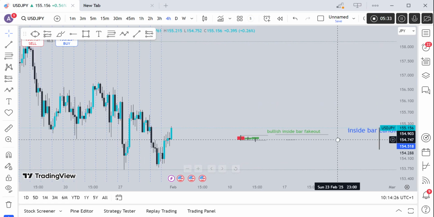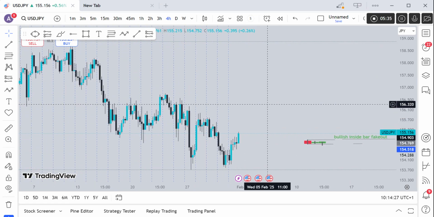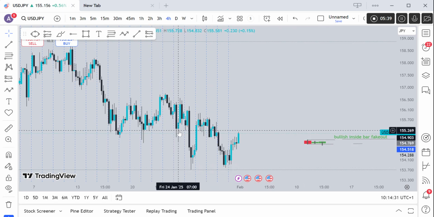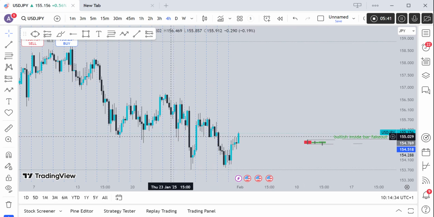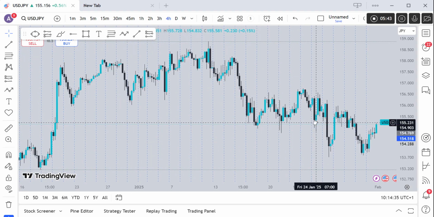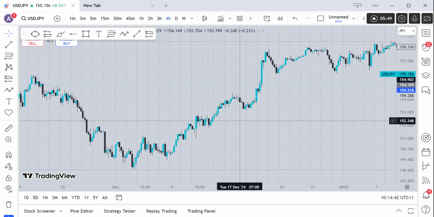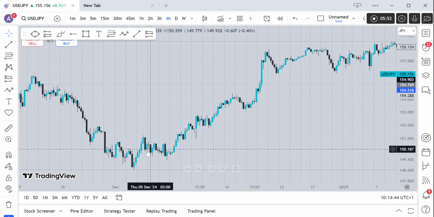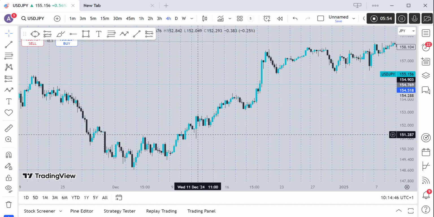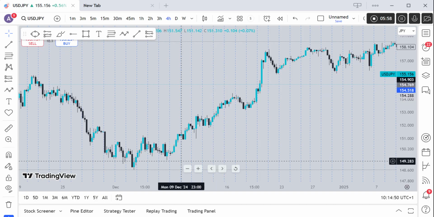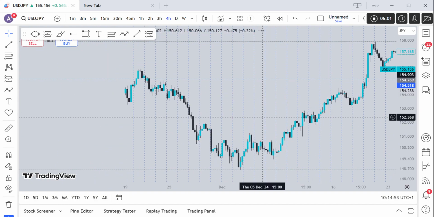Let me go to the raw chart to show you what I'm talking about. Like I said before, an inside bar candlestick is really hard to find in the market. So let me see if I can see an inside bar fake out. It's really hard to see. I can normally see the inside bar candlestick, but the fake out is really hard to see. It takes patience.